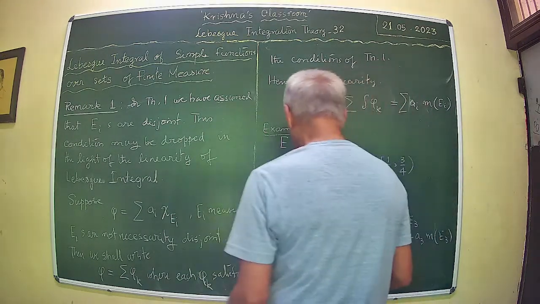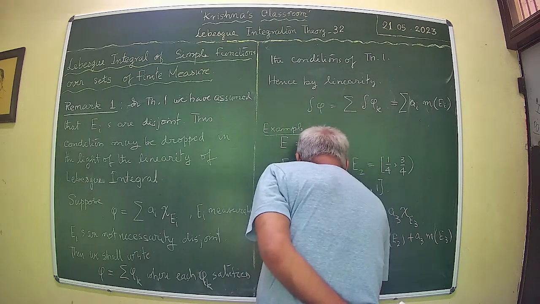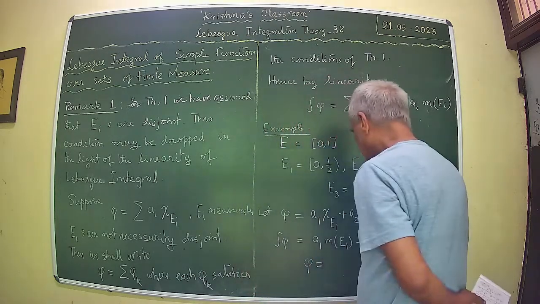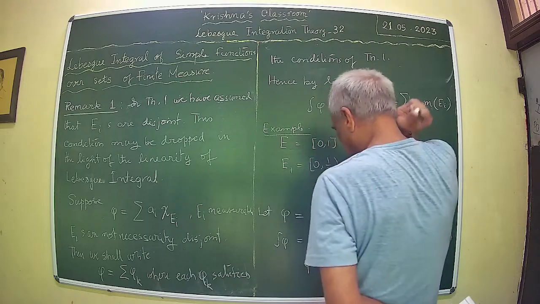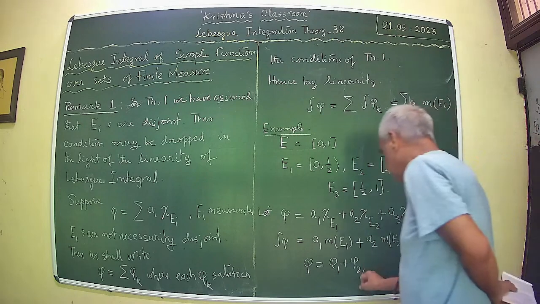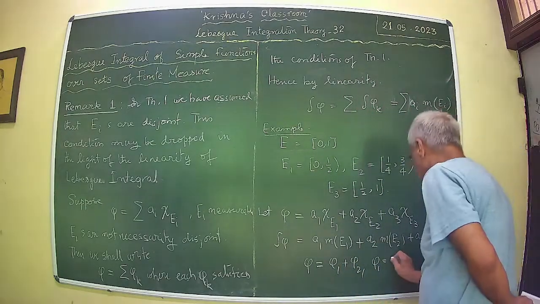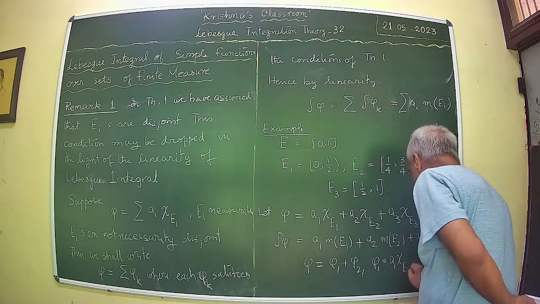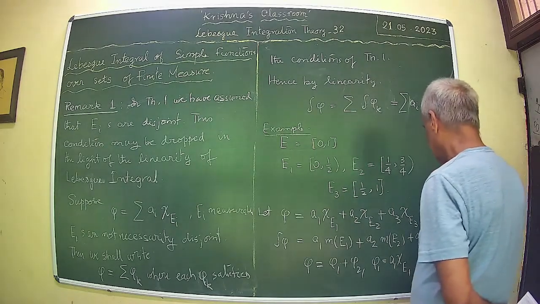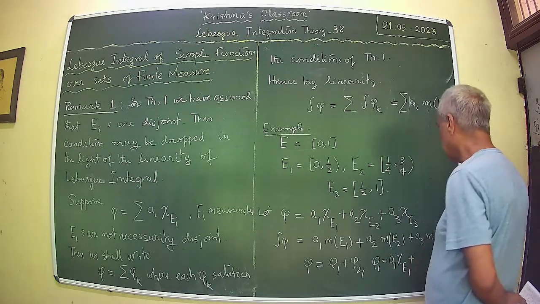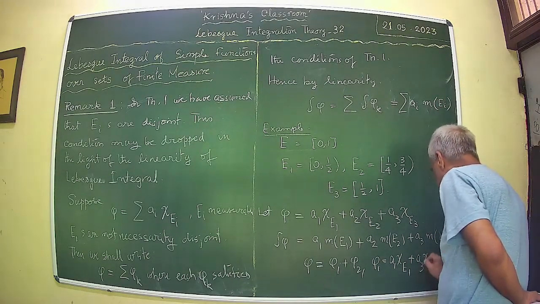So how do we get this? See, you verify this one. You write phi as phi 1 plus phi 2, where phi 1 is equal to A1 chi E1 plus A3 chi E3.